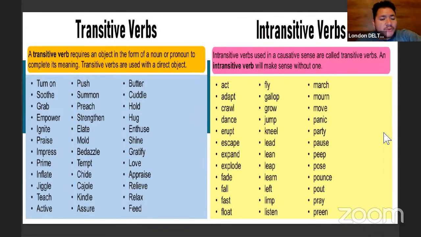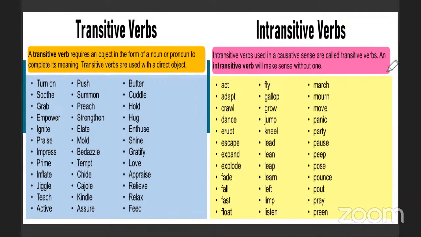Please, Gabriel, choose a verb from the left side and then from the right side. One of the transitive, one of the left side, and another from the right side, please.